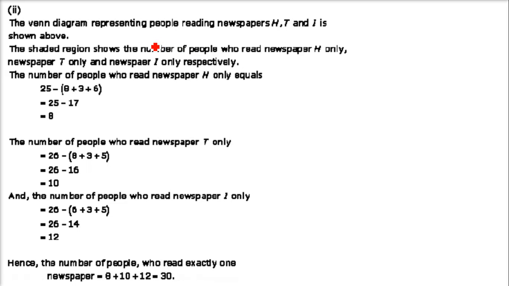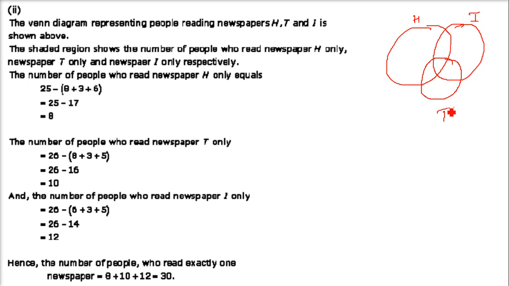The second part is the number of people who read exactly one paper. So how do we do it? Let me make a Venn diagram of H, I and T. The shaded portion will be the number of people who read newspaper H only, and similarly only I and only T, right?